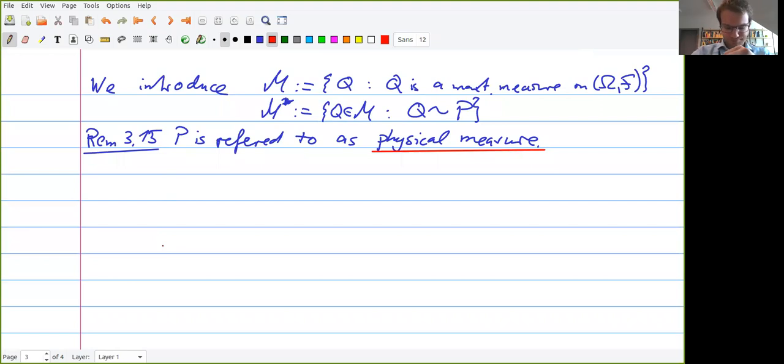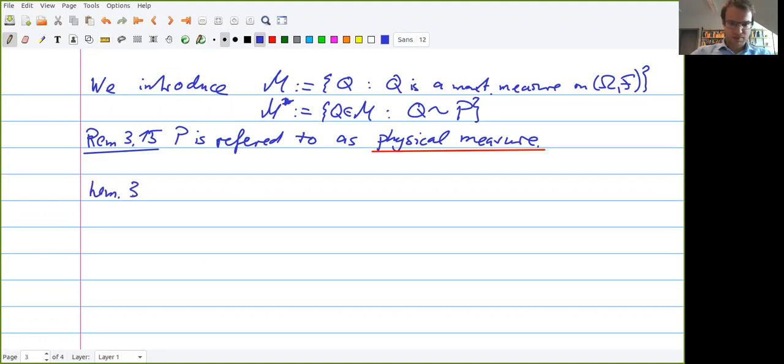We can now also formulate the notion of arbitrage in terms of this equivalent martingale measure.